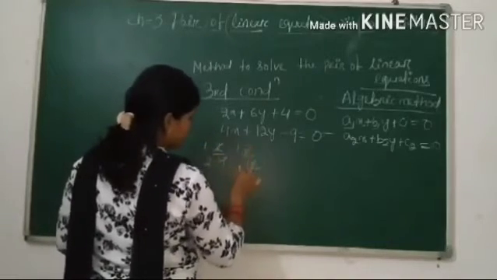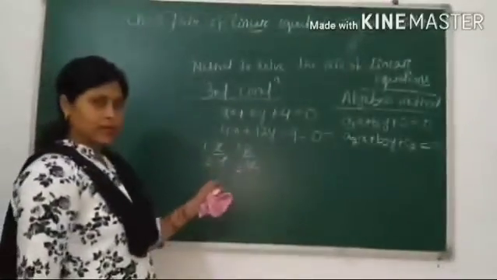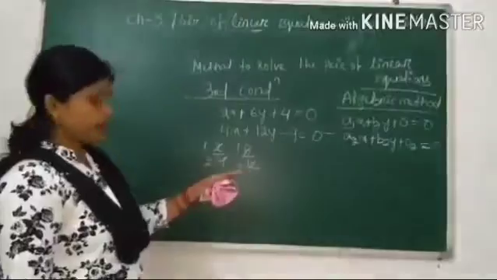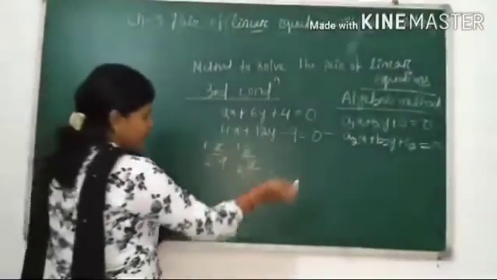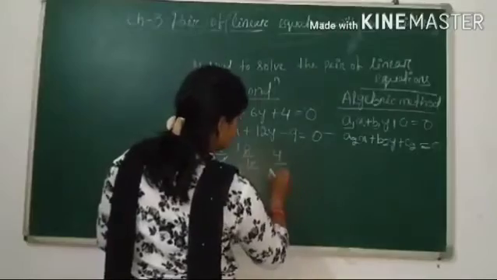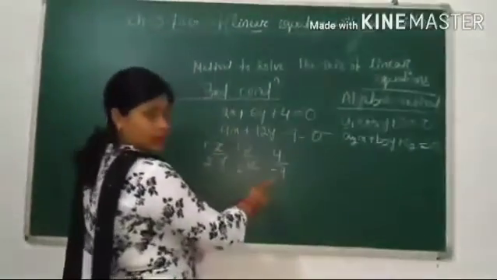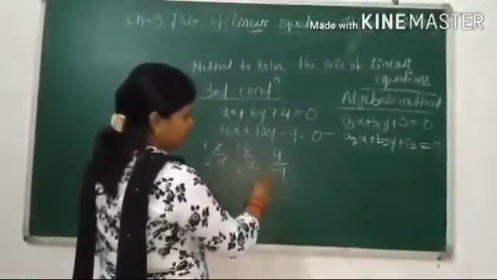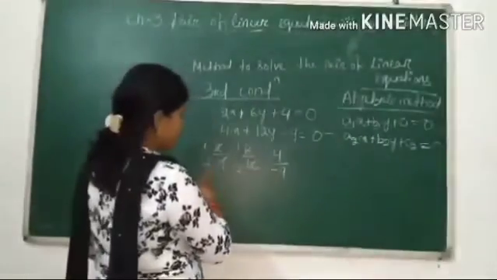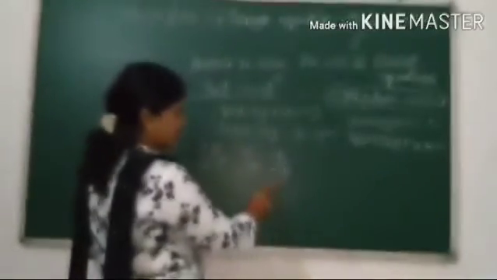If I cut, I will get 1 by 2. So are they equal? Surely they are equal. Then I have to go further. So 4 here, minus 9. So here I am getting a different value. Here 1 by 2, here 1 by 2, and here 4 by minus 9.